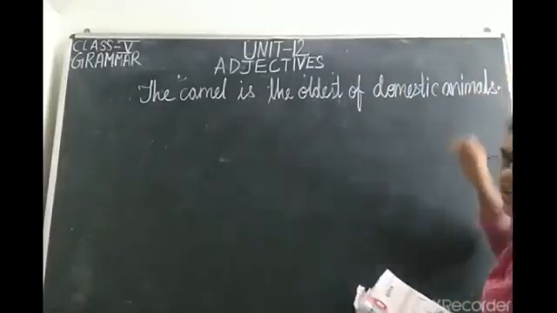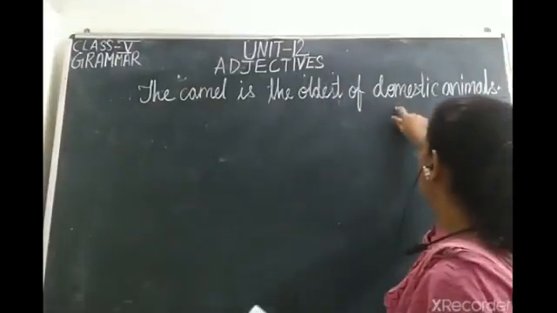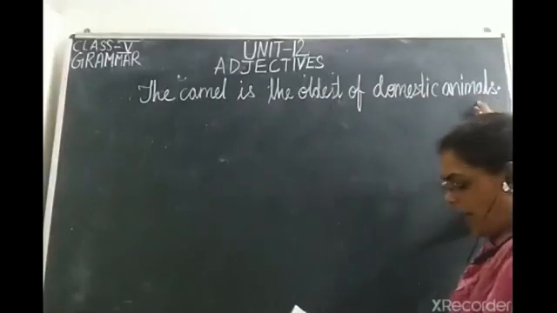This is the first line. I'll explain line by line. The camel is the oldest of domestic animals.